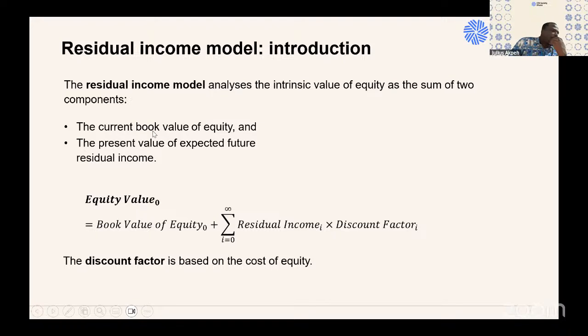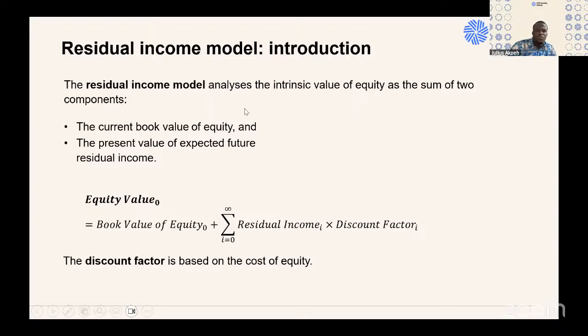The interesting thing with residual income is that the significant part of the value you end up getting is in the book value of equity. We know it today, so it's not actually sensitive to future assumptions. The sensitivity is low. I'm not saying it's not sensitive at all, but it's not extremely sensitive to future assumptions.